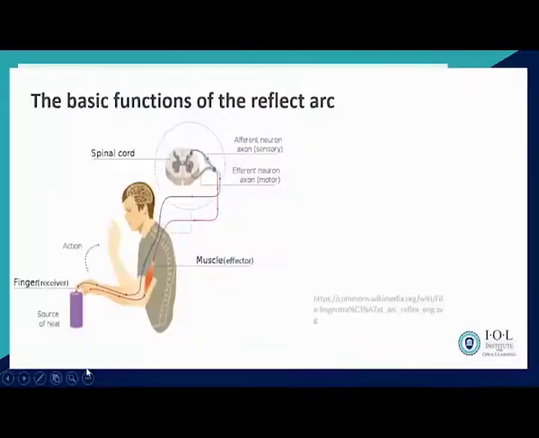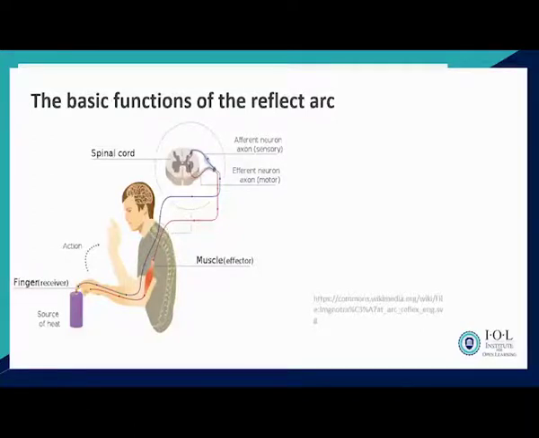Because when I'm blinking my eyes because something is flying toward my eyes, definitely those nerves are connected to my brain. So we are talking about the receptors receiving the sensation, converting the stimulus into a nerve impulse and then transmitting it to the sensory neuron.